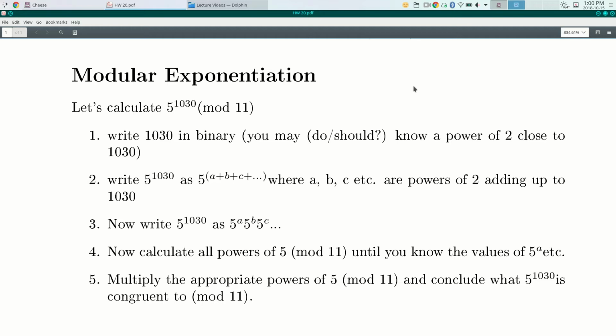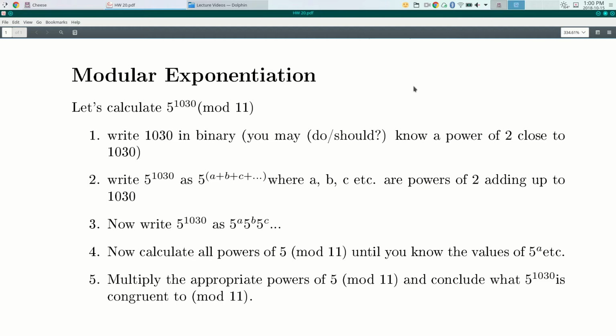5 to the 8 is congruent to... We're expecting 5 to the 4. I think you can just start skipping to just congruent to 11.